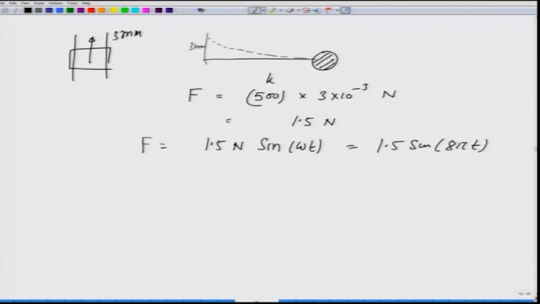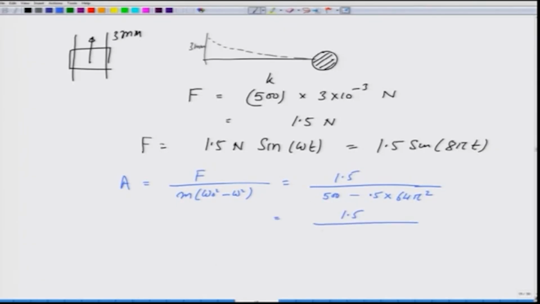This is the force. Immediately it becomes clear that the amplitude is going to be equal to f over m times omega 0 square minus omega square. F is 1.5 over m omega 0 square is 500, which is k, minus m, which is 0.5, times omega square, which is 64 pi square. So, this is 1.5 divided by 500 minus 32 pi square meters.